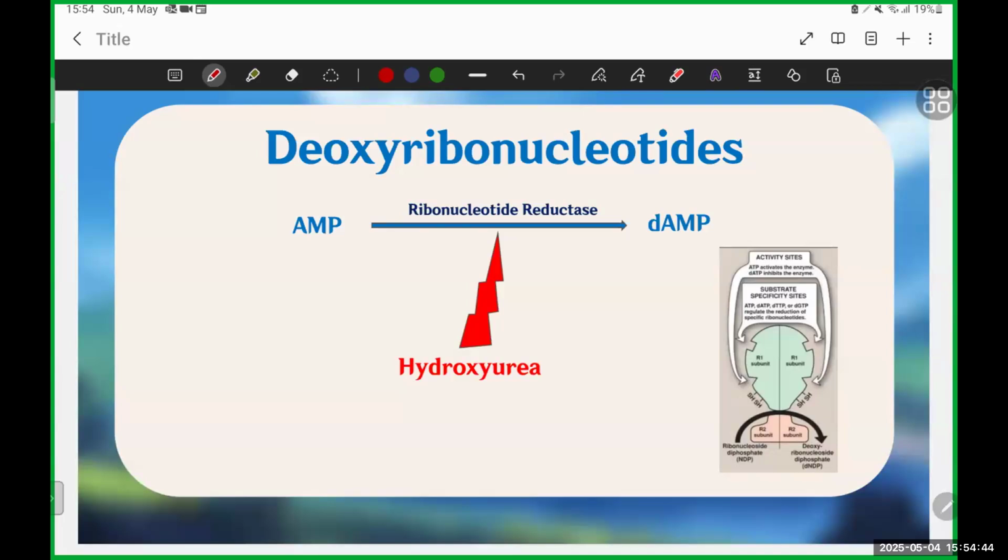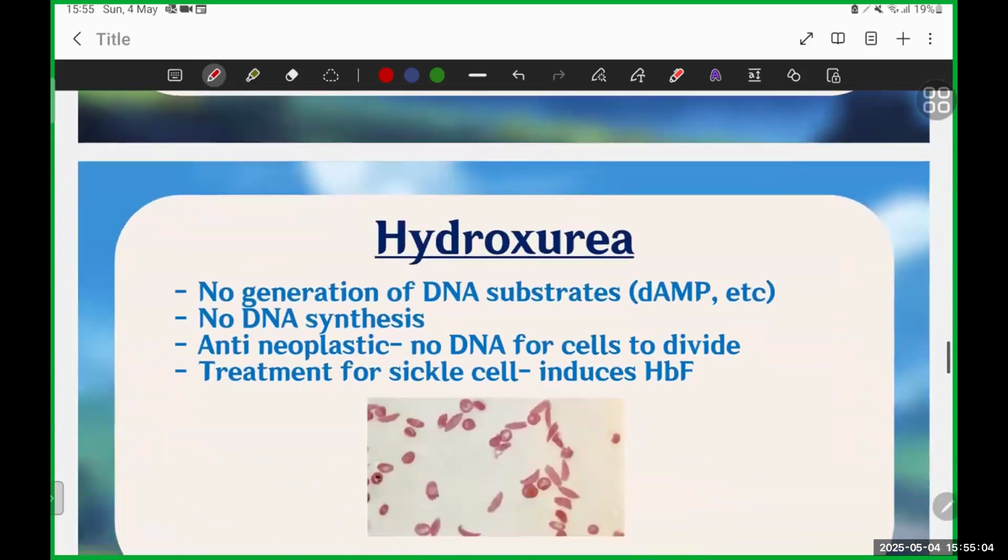Sulfonylurea was in that lecture, and hydroxyurea is in this lecture. If you confuse it, I don't know, don't confuse it. Hydroxyurea, okay, is going to affect the ribonucleotide reductase. Now your RNA cannot form DNA. If your RNA can't form DNA, then well, good luck surviving.